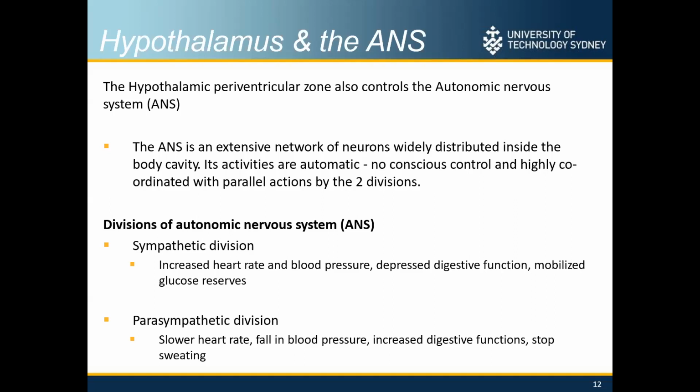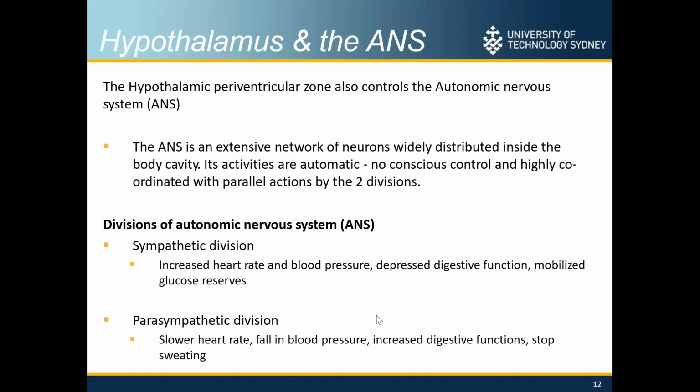The sympathetic nervous system is responsible for mediating our fight or flight response, which results in increase in heart rate, blood pressure, depressed digestive functions, and mobilization of our glucose reserves.